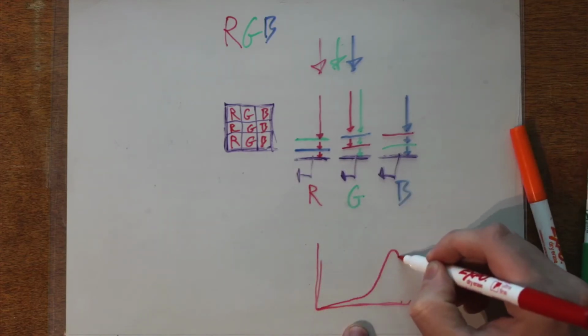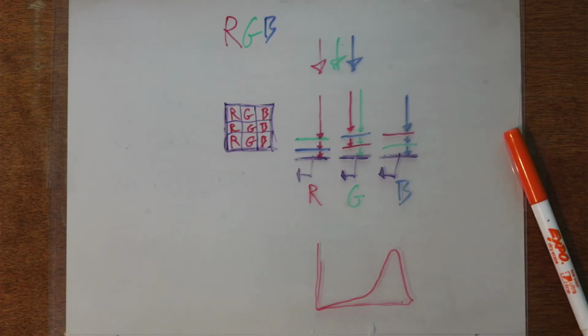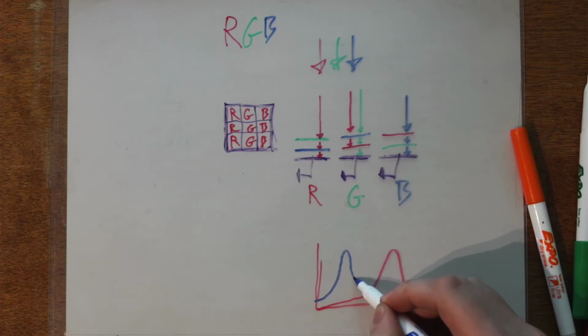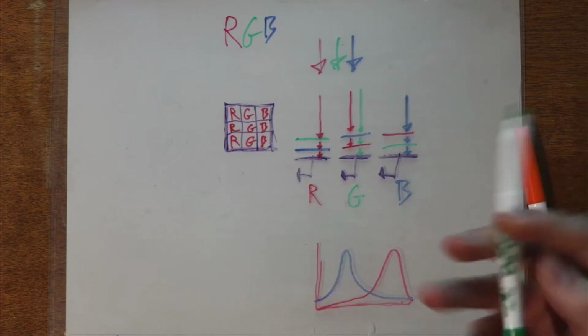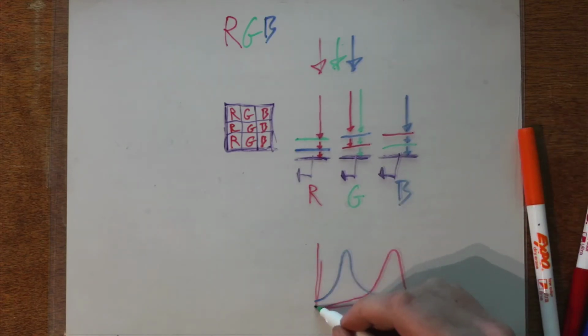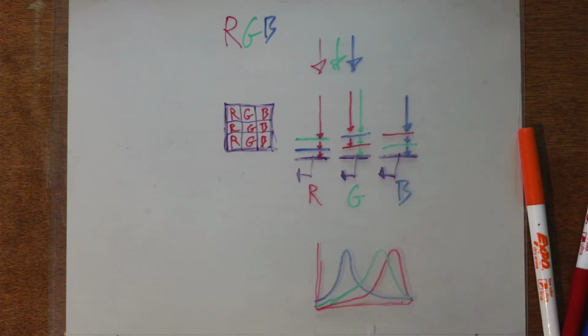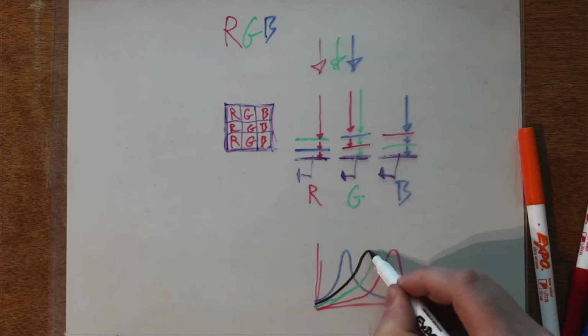Red was the slowest. Blue was the fastest. Green is right over near red. And then we actually had a different fellow, the rods in our eyes.